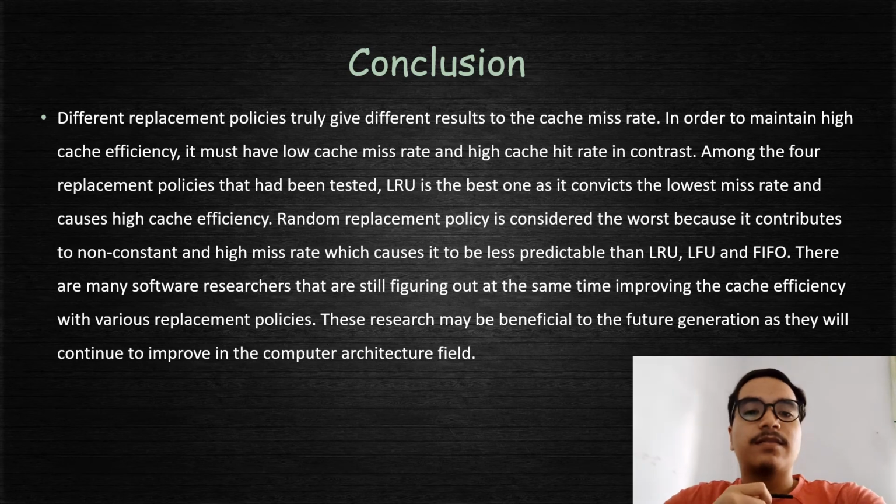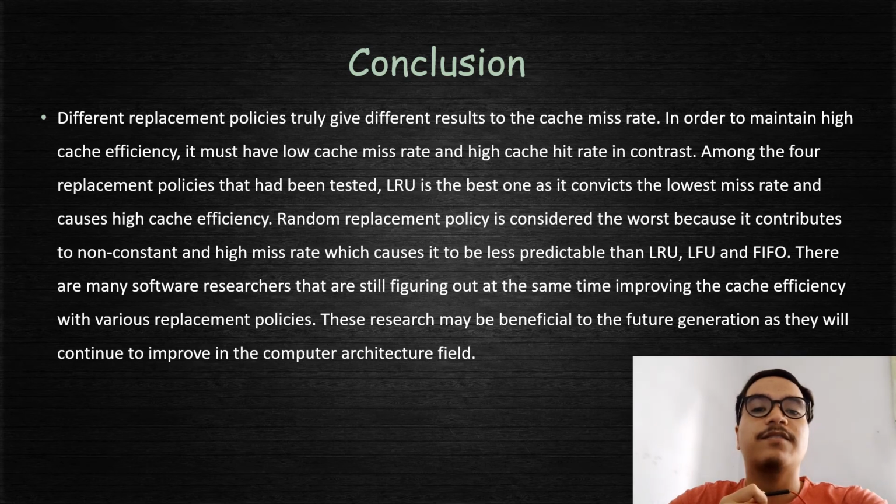Okay, and lastly for the conclusion, different replacement policies truly give different results to the cache miss rate. In order to maintain high cache efficiency, it must have a low cache miss rate and high cache hit rate.